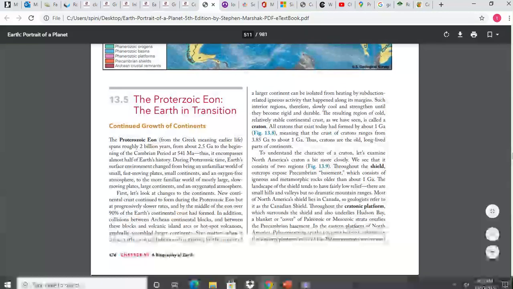We find evidence, again, of these in our own continent. We saw some of the pictures earlier. But in the Proterozoic, which means early life or beginning life, we see the very first multicellular organisms.